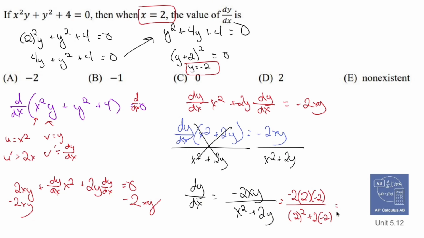Wait a minute. You're negative 8. You're going to be 4 minus 4. Oh, actually, you're positive 8. Not that it matters, because that's undefined. My answer doesn't exist. All that.